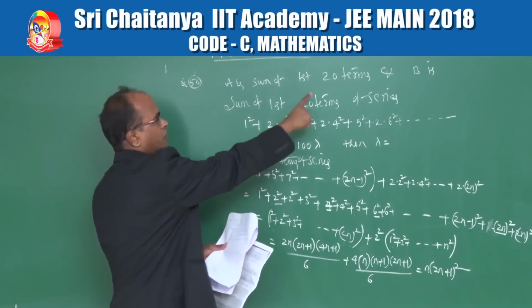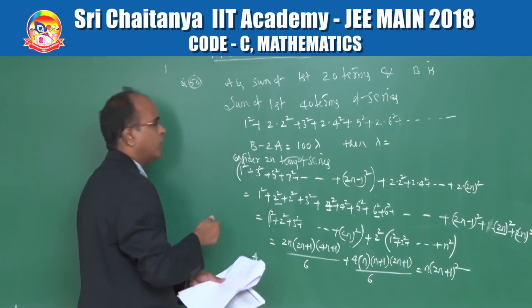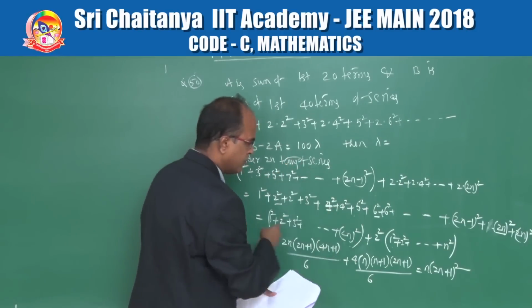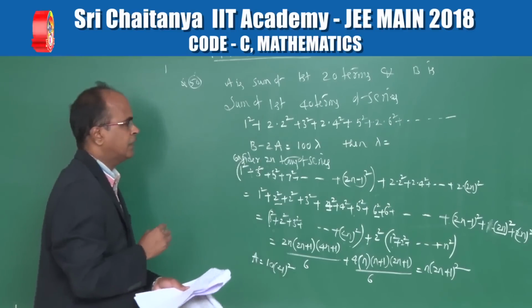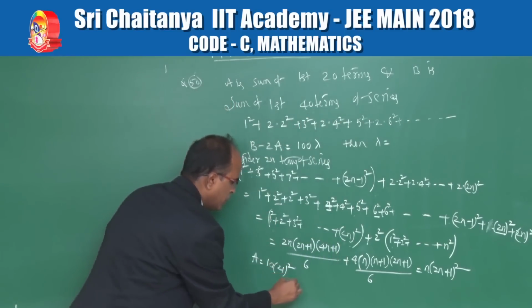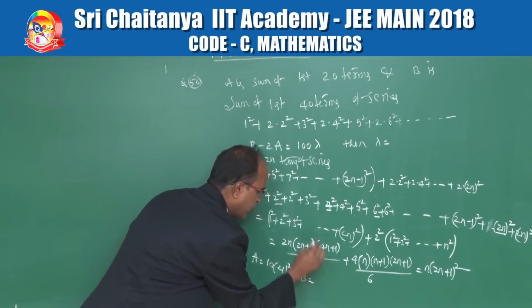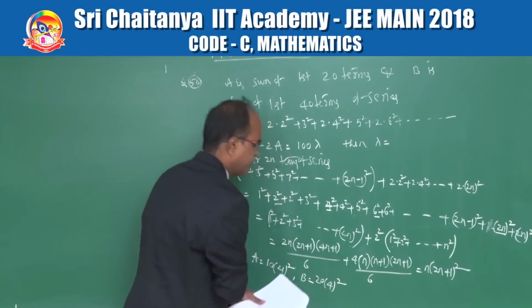Therefore, if you want to get the sum of first 20 terms, namely A, we have to put n = 10, and that will give you 10×21². And if you want to get the sum of first 40 terms, you put n = 20, giving you 20×41².